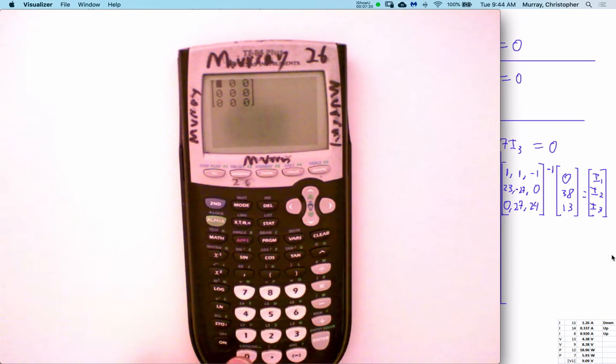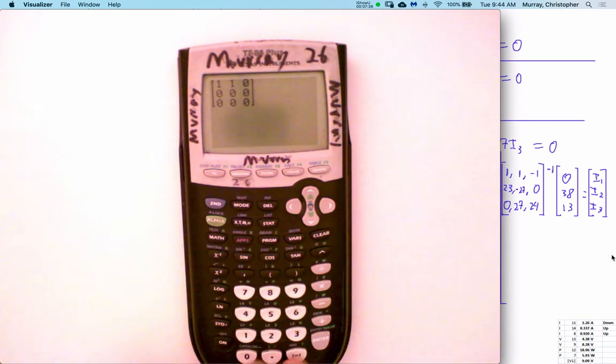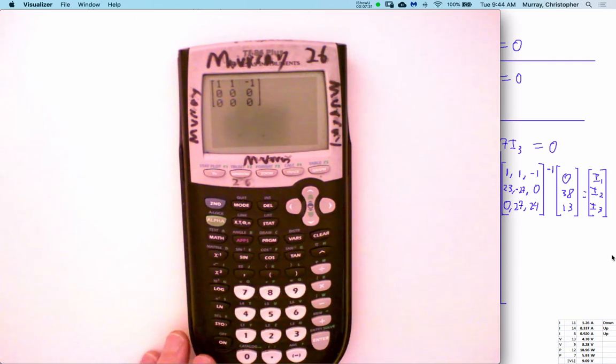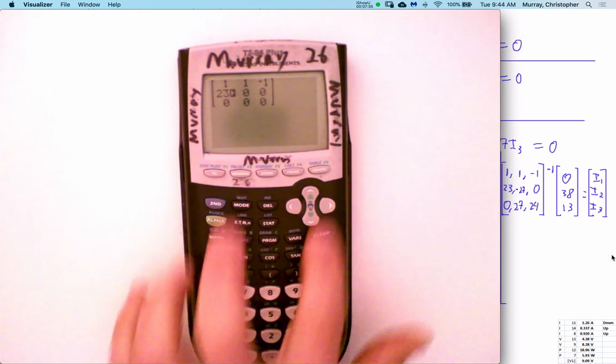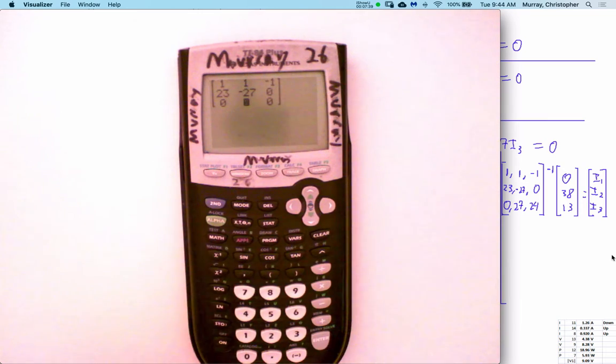Then 1, 1, negative 1, then 23, negative 27, 0, then 0, 27, and 24.